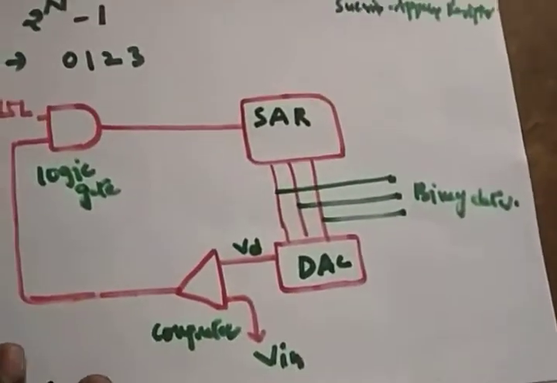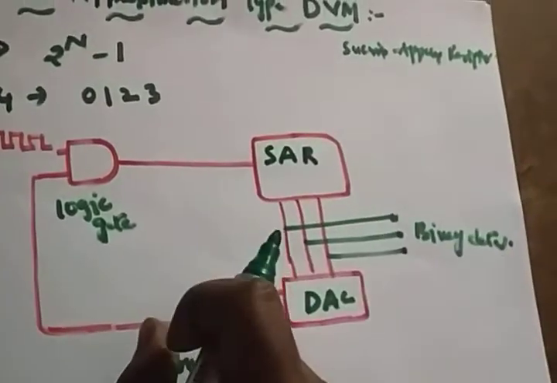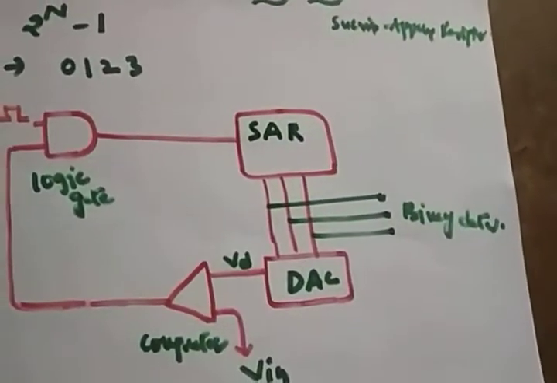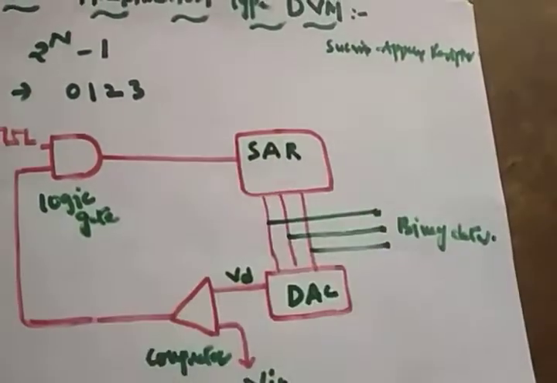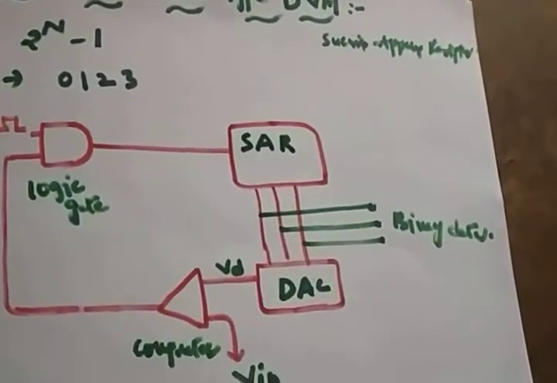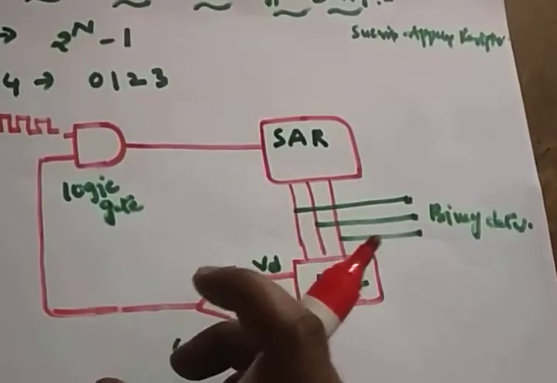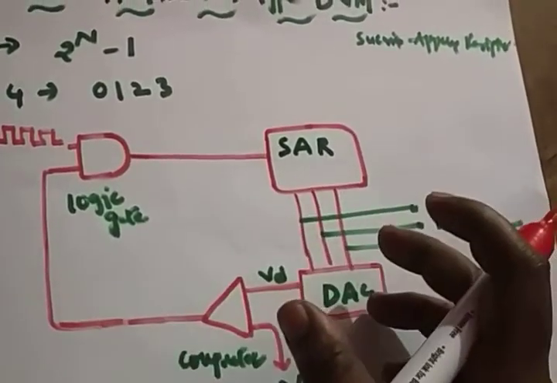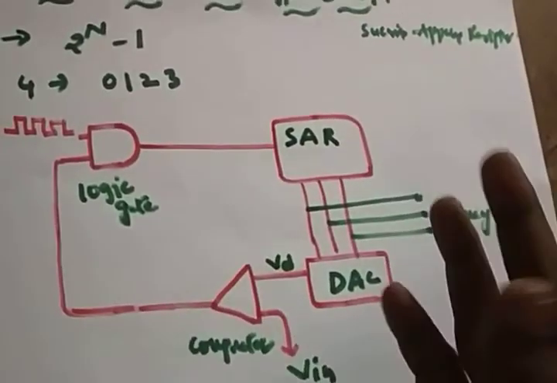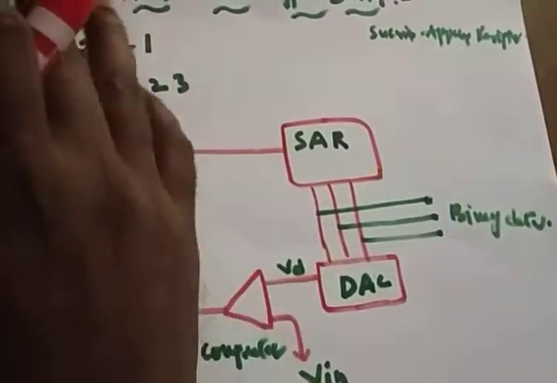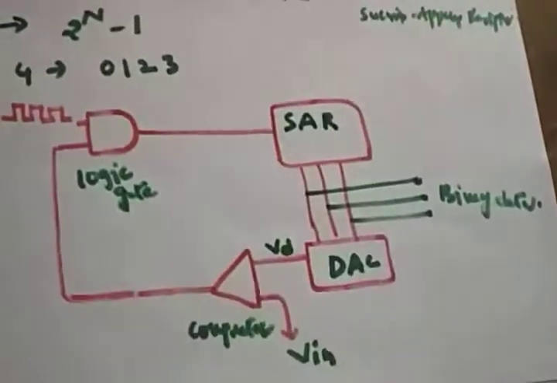Similar construction, but one important block that we are going to discuss is the successive approximation register. If you know this, you know everything: how the comparator will work, how the digital to analog converter will work, and how the logic gate will work.